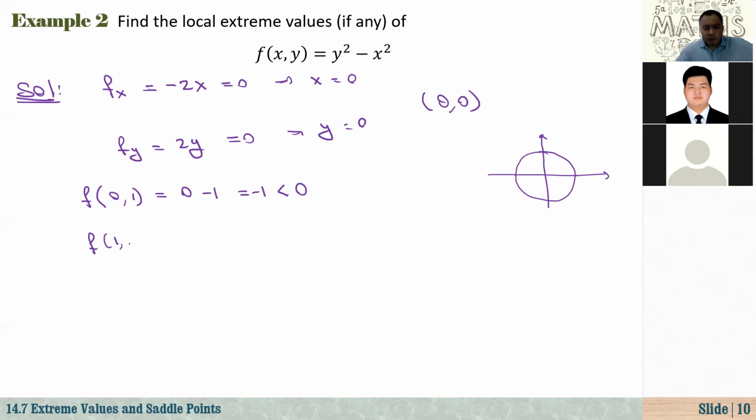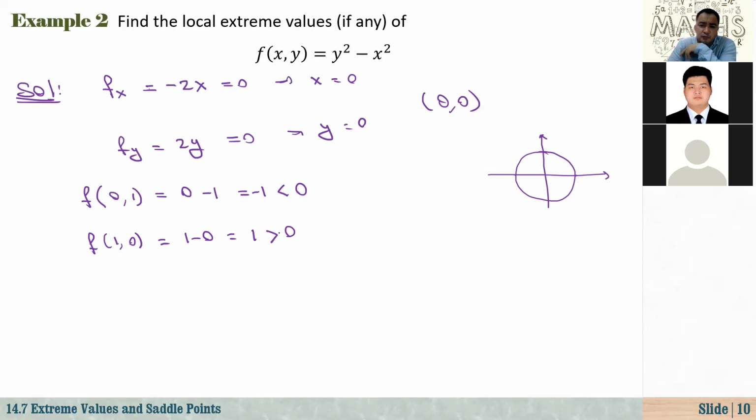And how about f(1, 0)? That is 1 minus 0, equal to 1, it is positive. Even if you take smaller points near this point, one is negative, one is positive, right? So which means that actually we have points which are greater than 0. So that means that (0, 0) doesn't give us any local maximum or local minimum.